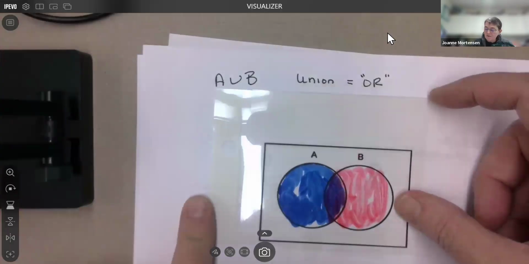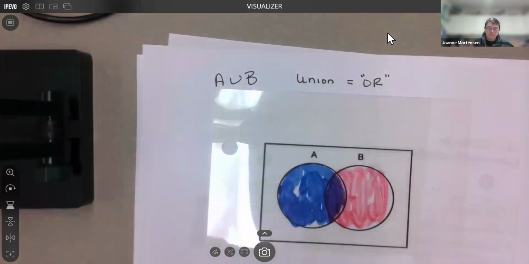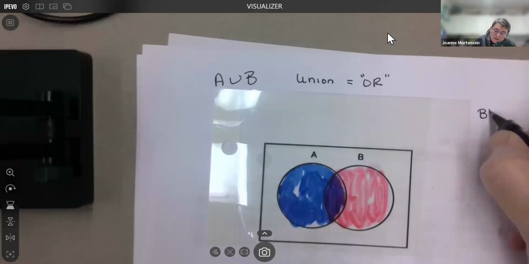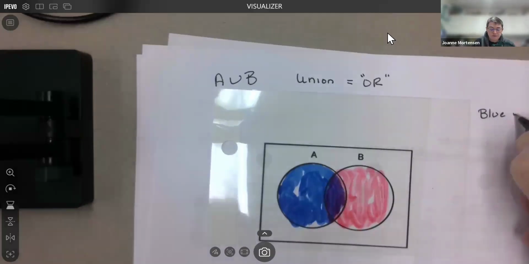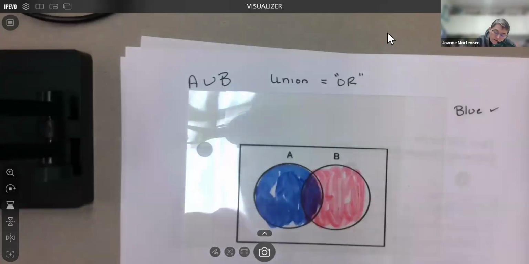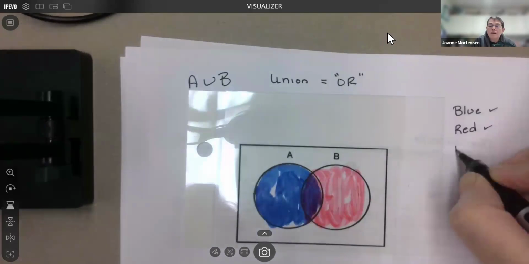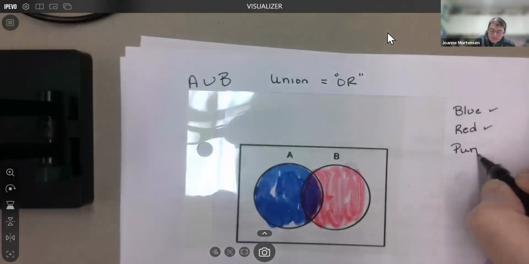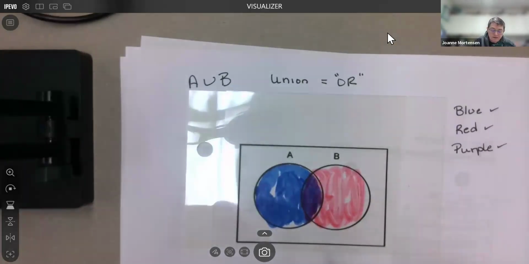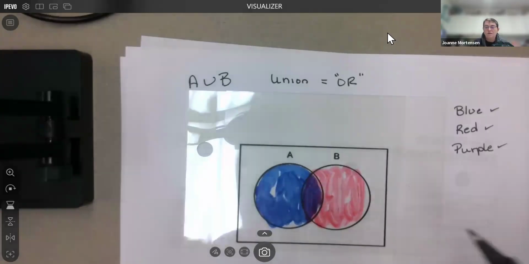So when we think of union, blue's good, this section over here, red's good, and I'm going to call the middle purple. I know it's not really, but it'll work. So this is good, this is good, this is good. Okay, so that's "or." It doesn't matter if they overlap.